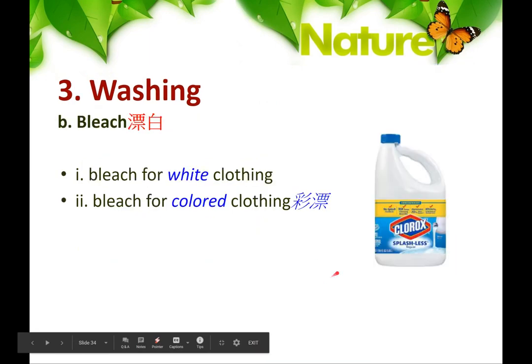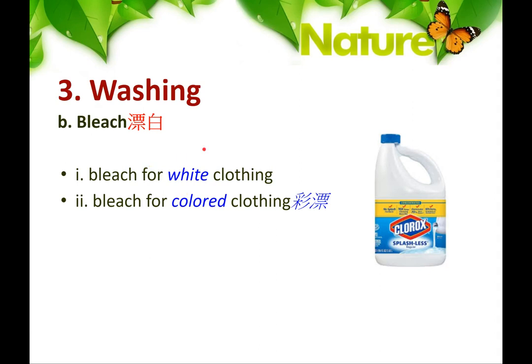with your family. So for bleaching, if there is some stain on our clothes that we want to remove, we use these bleaching agents. There are white clothing bleaching agents and colored clothing bleaching agents. So we have to choose it for the right clothing.